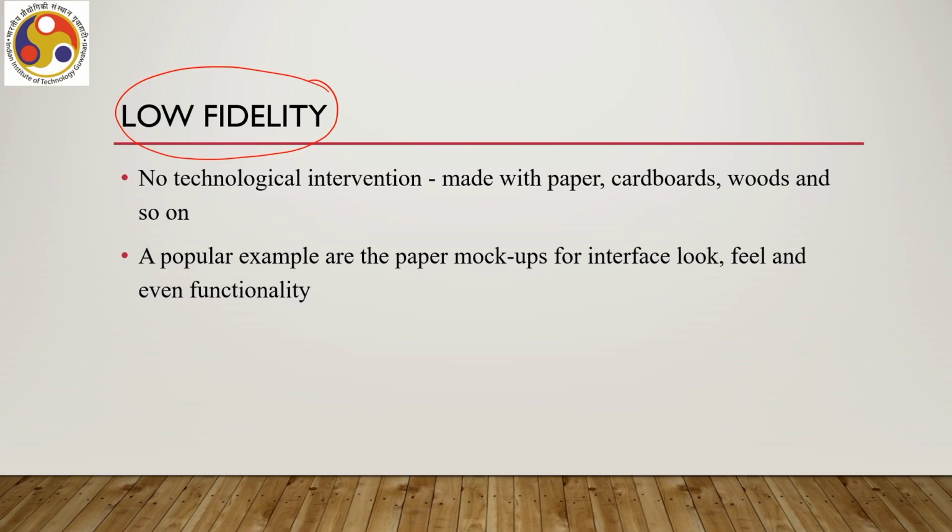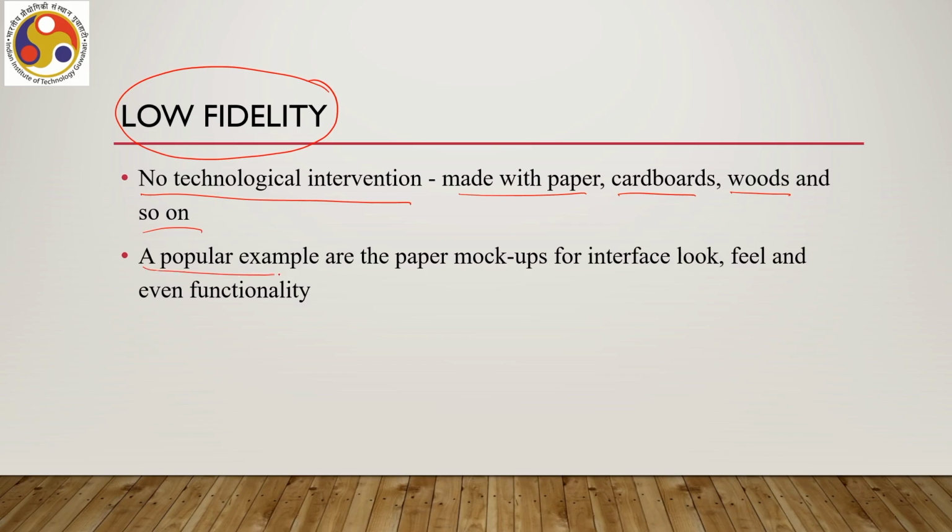So, in this case, there is no technological intervention. In other words, we do not need to write any program, code, anything, or do not even require any computer. These are made with paper, cardboards, woods and so on. So, essentially elements that have nothing to do with digital computers.